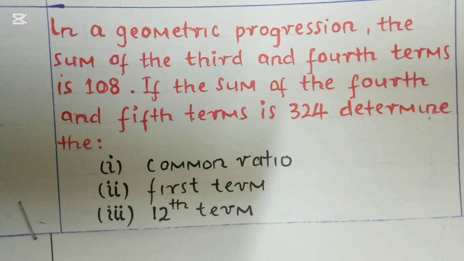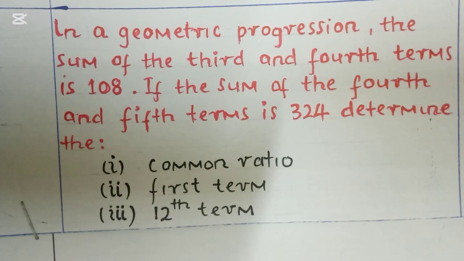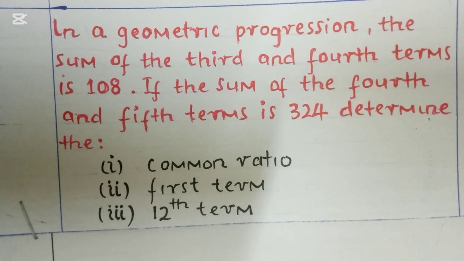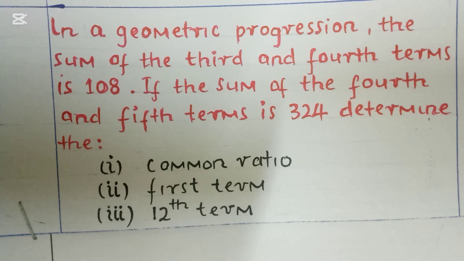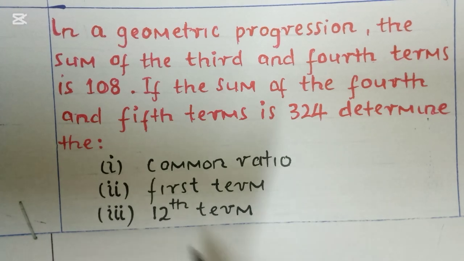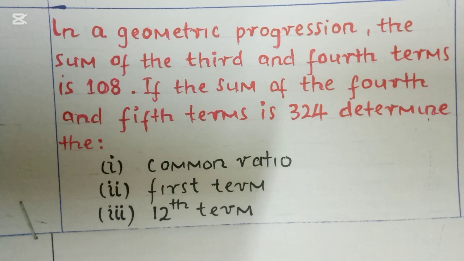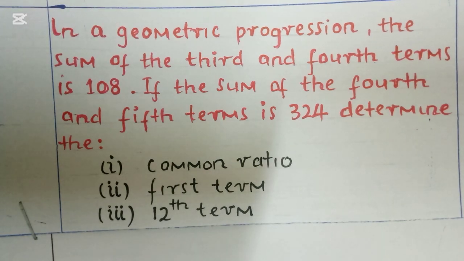So guys, we begin now solving our question. We are told that the sum of the third and fourth terms is 108. But before we go to that, let's look at the terms.